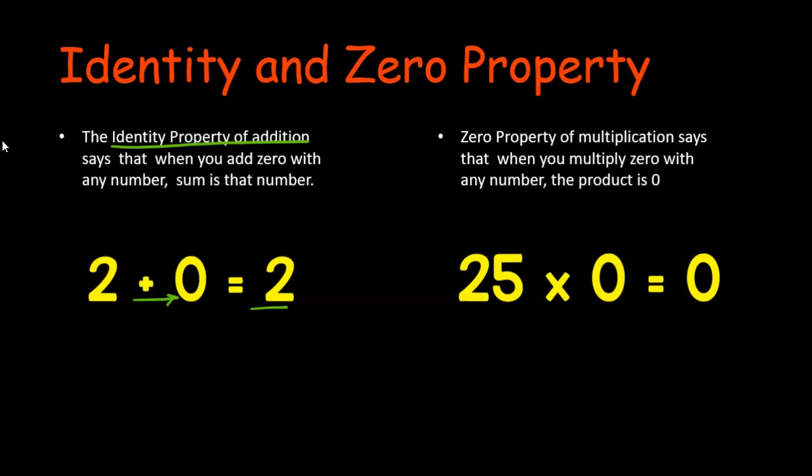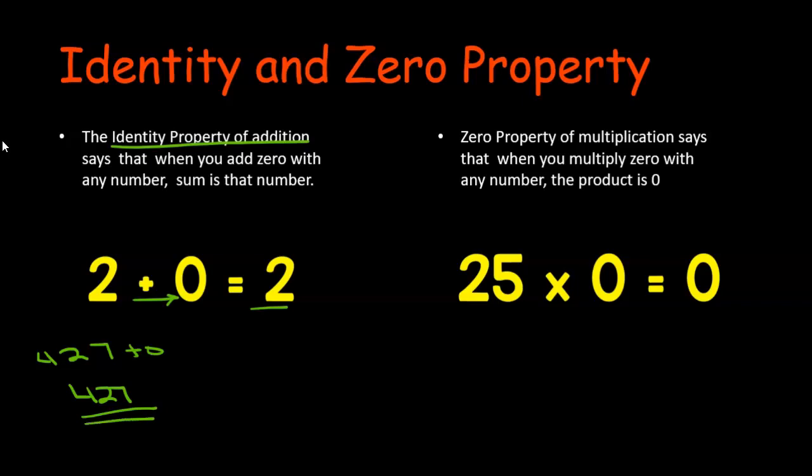Okay, so pick any number in the whole entire world, 472 or 427 plus 0, that's going to equal 427. So when you add 0 to anything, you're going to get the number.